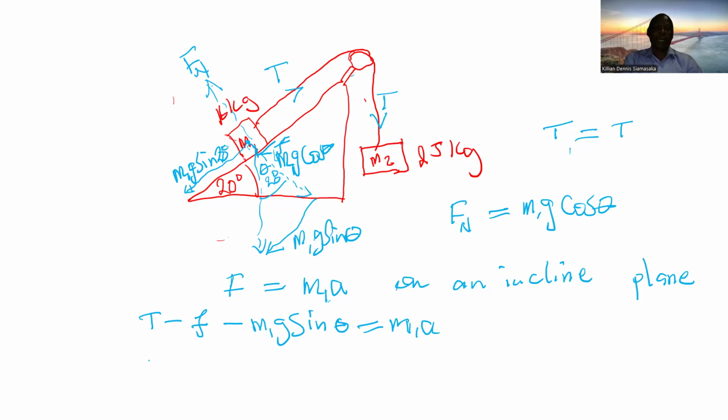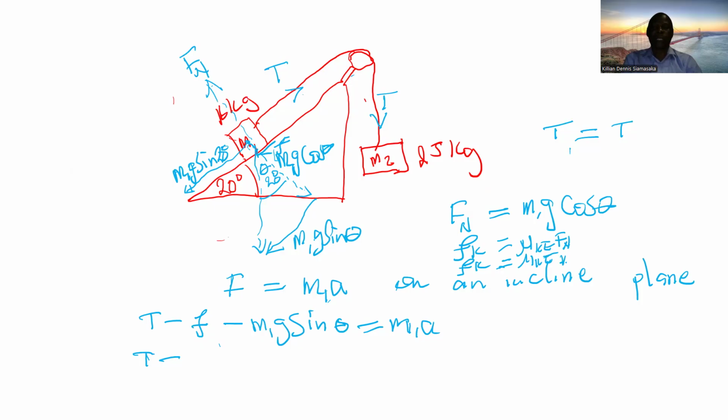So we can now substitute the tension minus friction. We know that kinetic friction for an object which is moving is given by the coefficient of kinetic friction multiplied by the normal force.